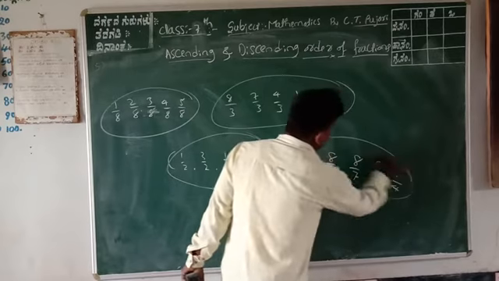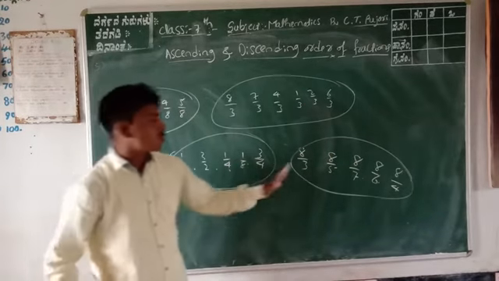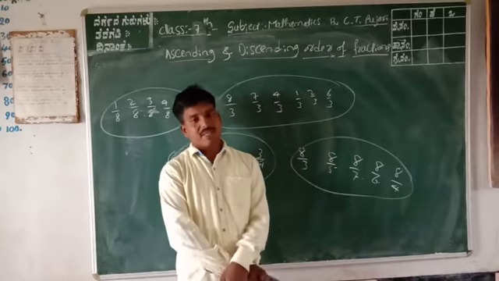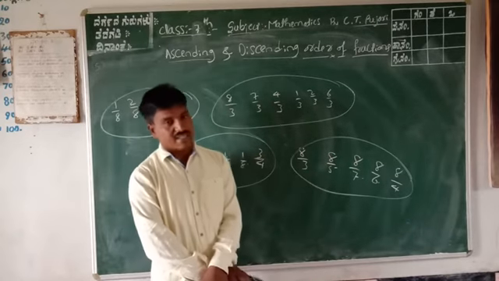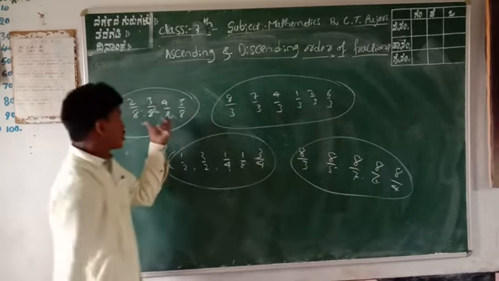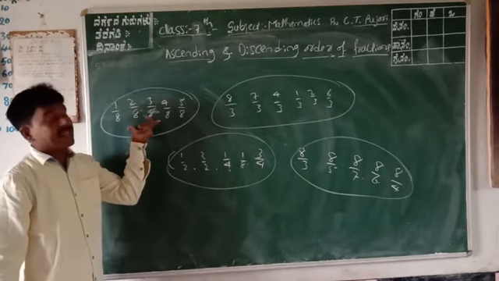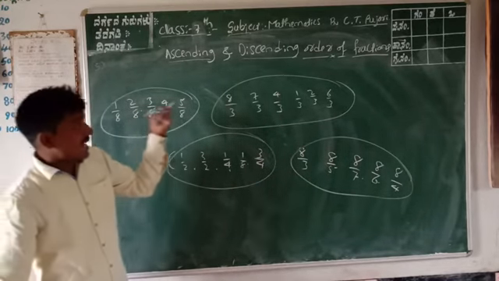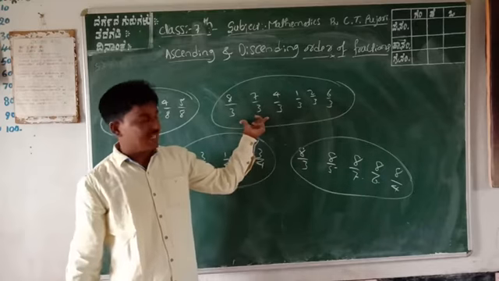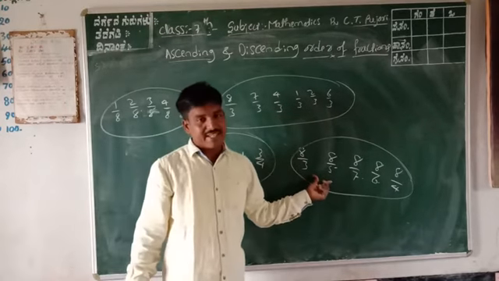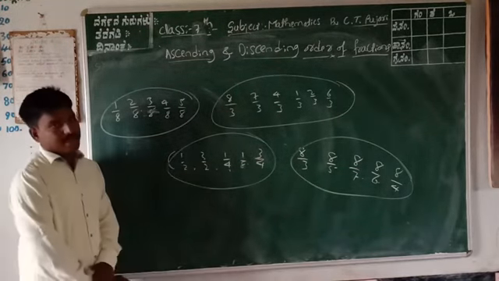In this group, all the numerators are the same. In the first group, we can write in ascending order. In the second group, write in ascending order. In the third group also, write in ascending order. In the last, fourth group also.